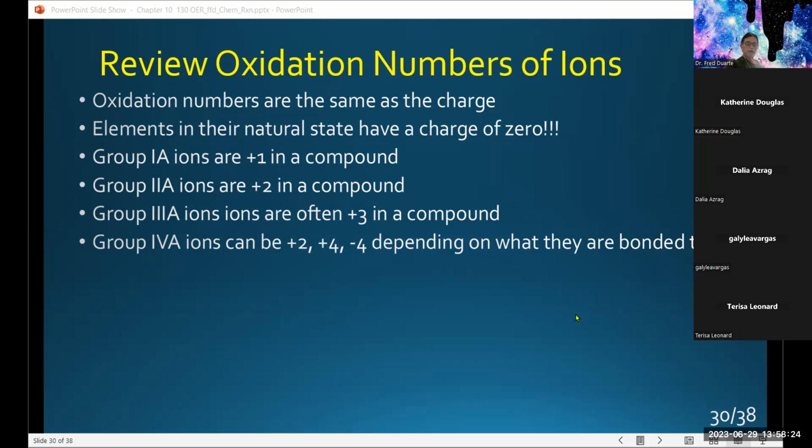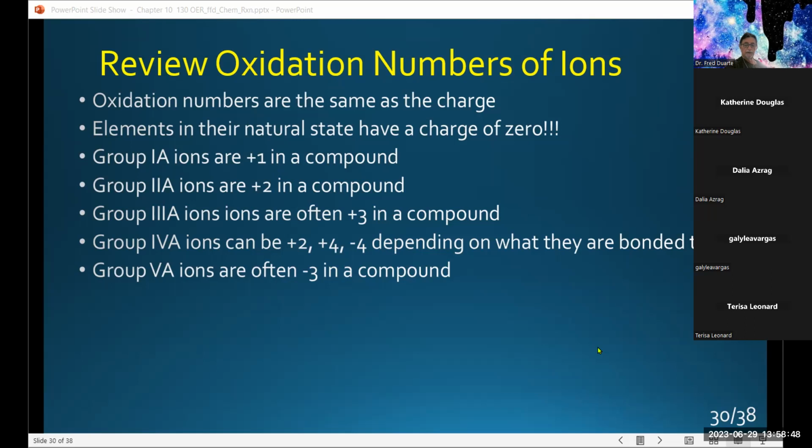Now, once we pass group 4, we enter the domain of gaining electrons. So from 5 to 7, they're nonmetals. They will gain electrons, and in doing so, they become isoelectronic with the noble gas in front of them. So group 5 will pick up 3 electrons.